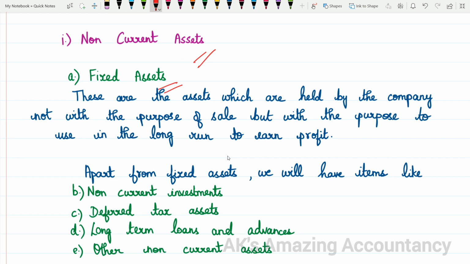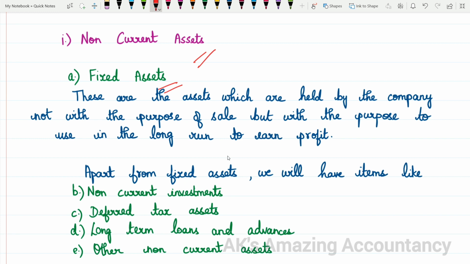Fixed assets are those assets which are held by the company not with the purpose of sale, but with a purpose to use it in the long run to earn profit. Such assets are called fixed assets. They'll be having a longer life actually.